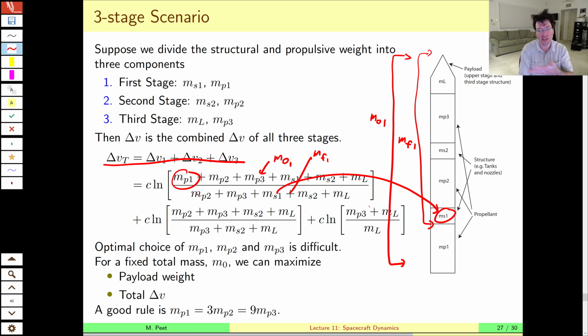That's the delta V you get off the first stage, and the delta V you get off the second stage is essentially the same thing. We've jettisoned the structural weight, and so the delta V from the second stage is, I need to get better at this, M naught 2 and then MF2.